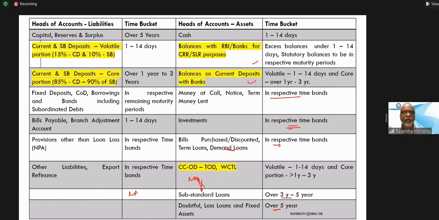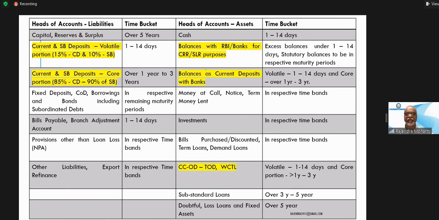So you remember, capital, reserve and surplus, and the doubtful category of loan, loss category of loan and fixed assets are placed under the over 5 year bucket. Okay, so this is the placement. Sometimes a question will be asked, so you should know where to place what.